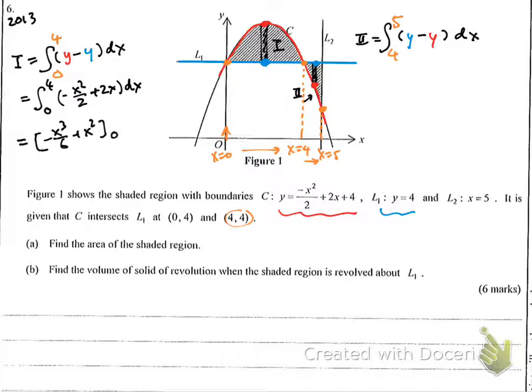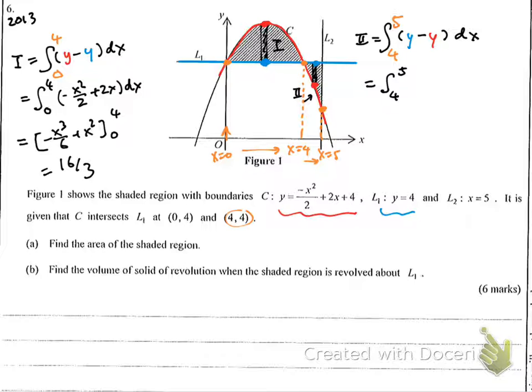We do this integration from 0 to 4, and the answer is 16 over 3. That's part 1. You may pause for a while to see how this number ends up like this. And then for part 2, that would be the integration from 4 to 5.